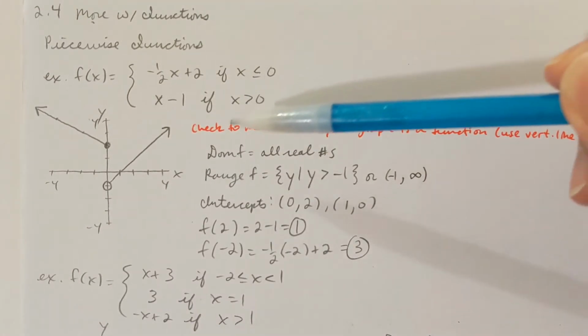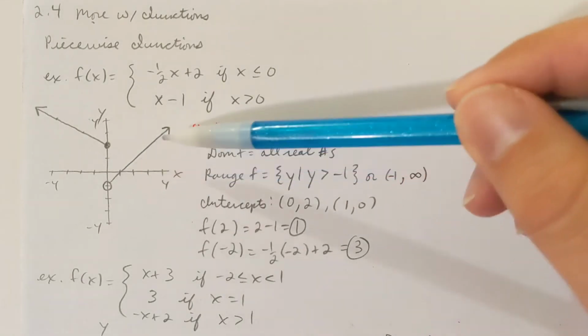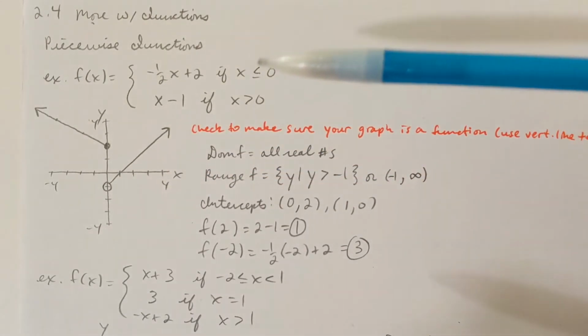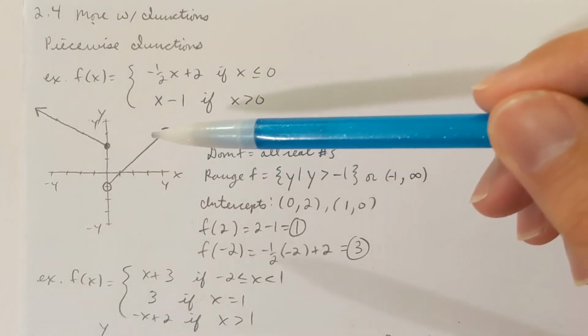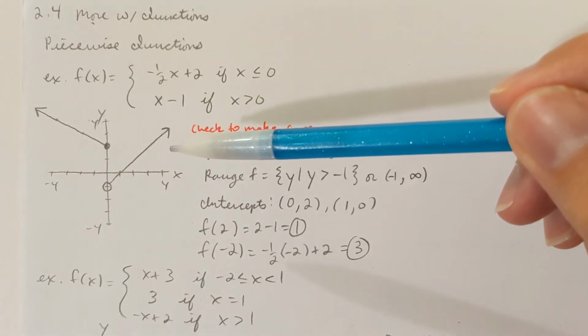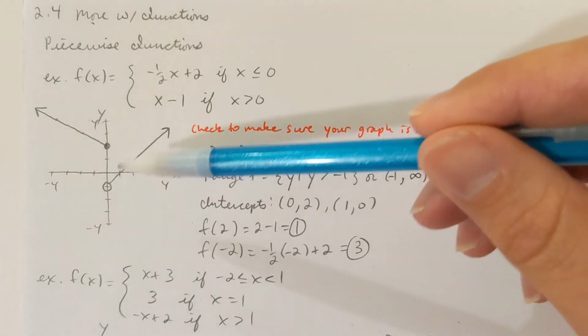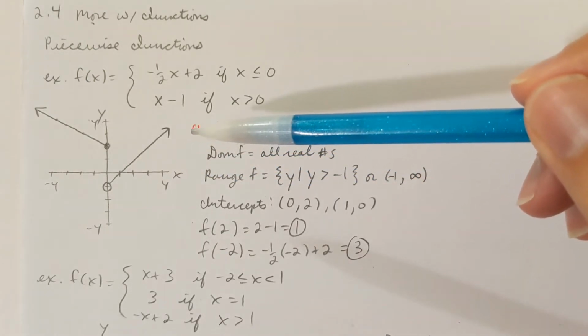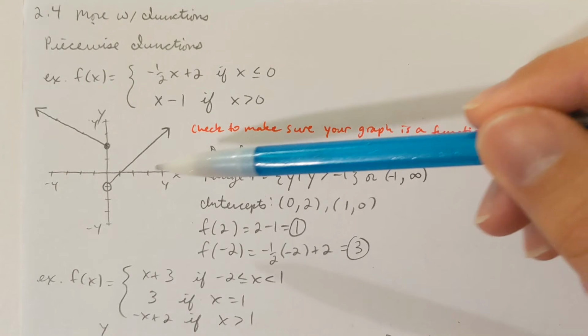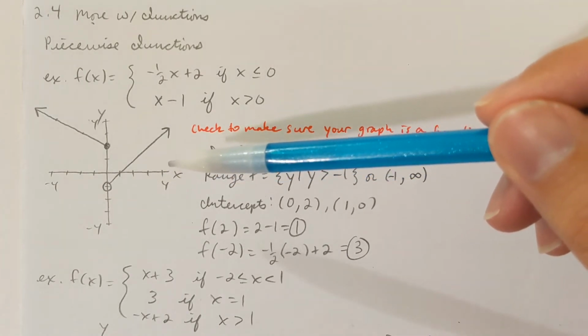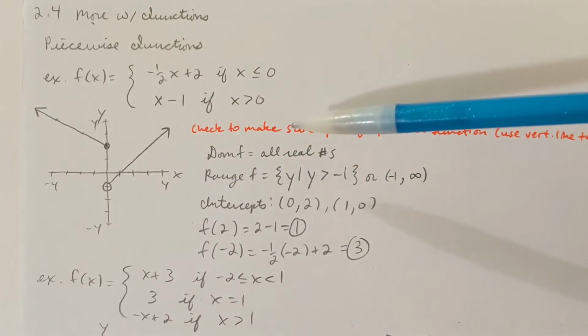Okay, and so at this point, I would now be done. I have a function, and it's intact for everything in the domain, even at 0. And of course, when it comes to a function, I don't want it to fail the vertical line test.